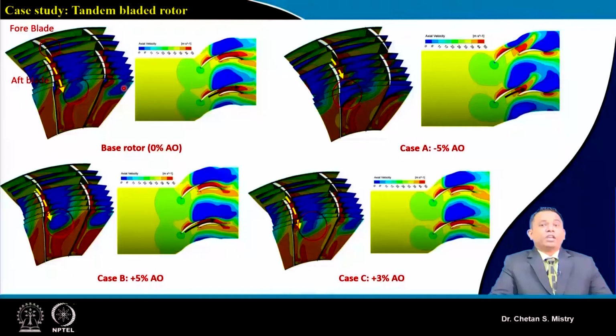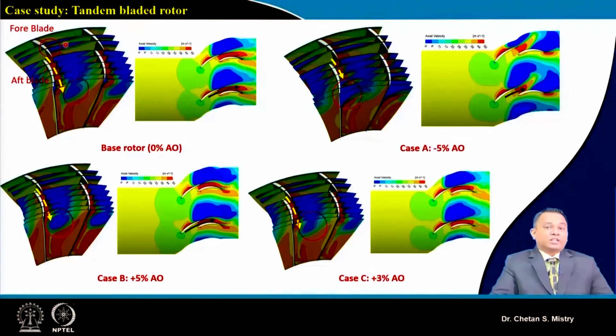These are some of the important observations. As we have discussed, the use of computational tools is very important. Here this represents the case for 0% axial overlap, and this represents the axial velocity. If we look carefully at the blade, we have a tip leakage flow.